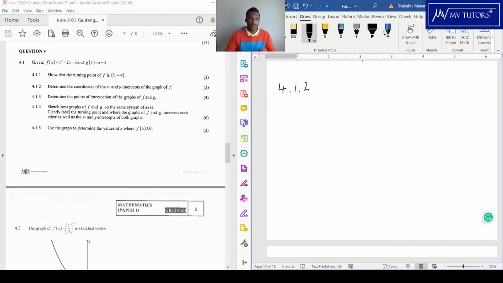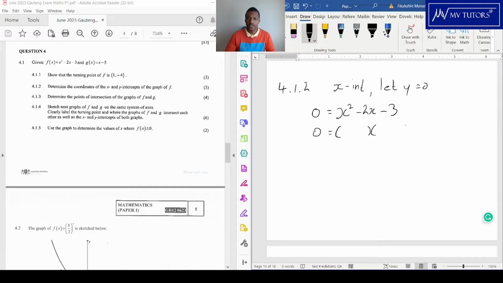Okay, let's go to the next question, which is 4.1.2. Determine the coordinates of the x and y intercepts of the graph. To find the x-intercept, we must say let y equal 0. So f of x equals 0 equals x squared minus 2x minus 3. So we're just going to factorize that.